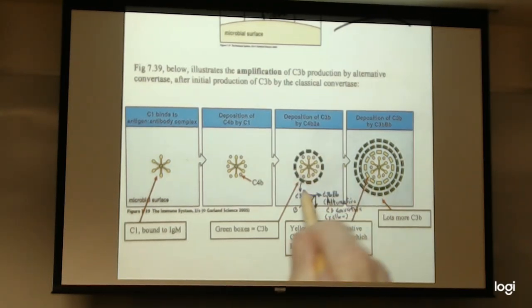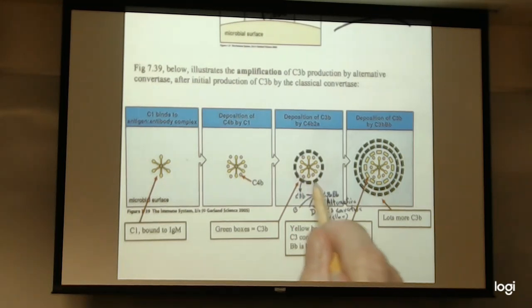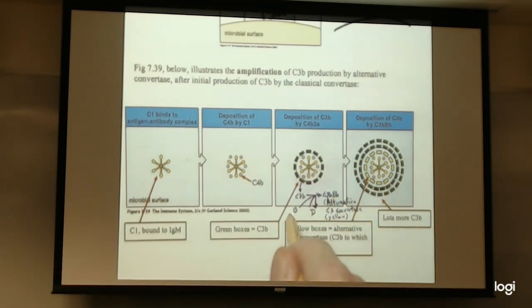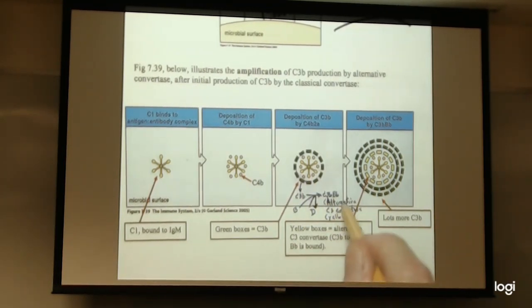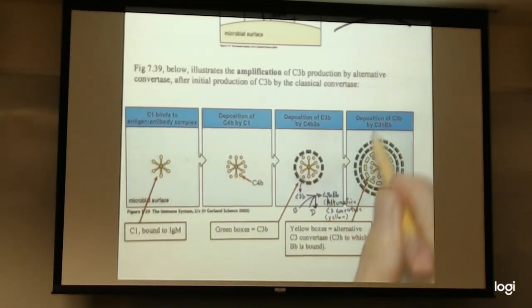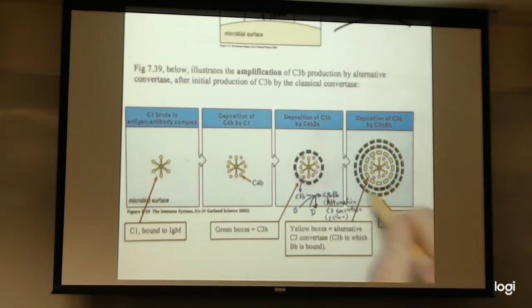This C3b then reacts with factors B and D, and we get alternative C3 convertase, and it then just starts really producing C3b all over the radius around the IgM molecule.